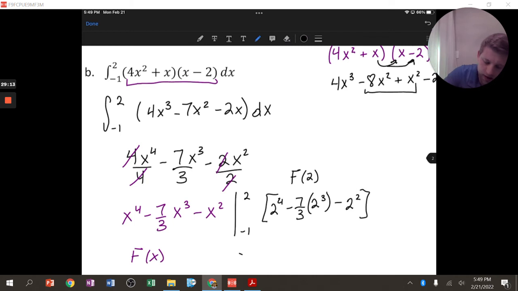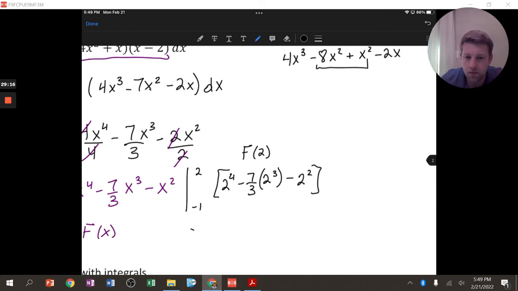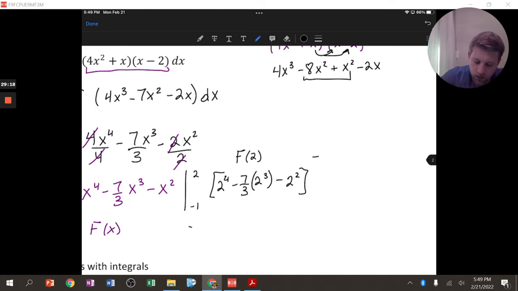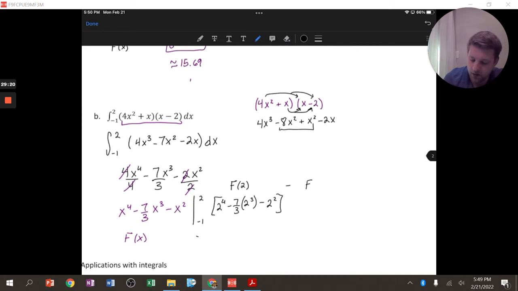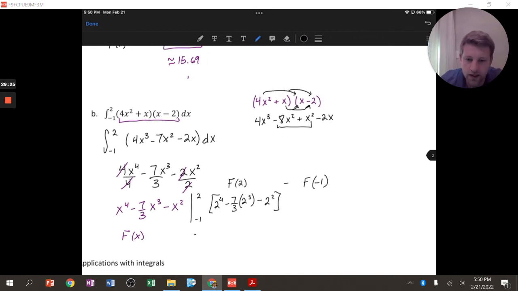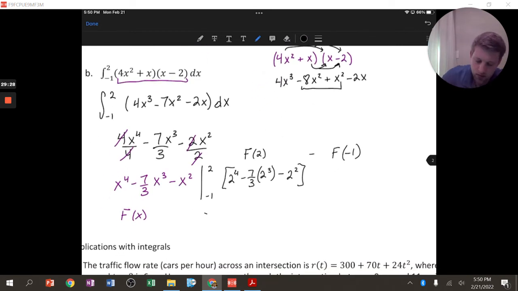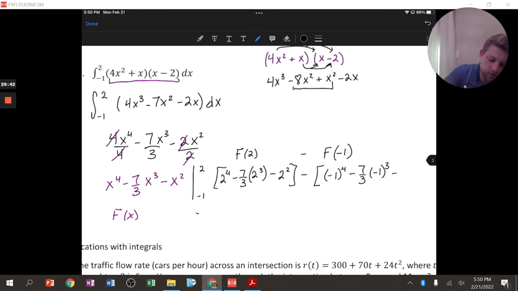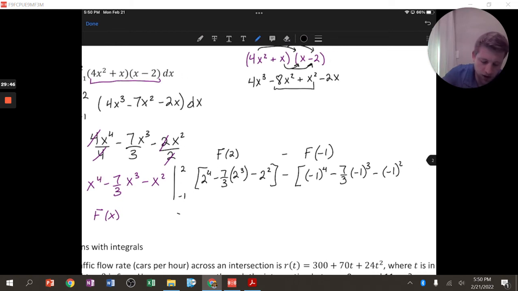I'm just going to bracket that just to group it up. We know we're going to subtract F at our lower endpoint, -1. So we'll have to be careful with negatives on this next part. So minus, we'll bracket next, -1 quantity to the fourth, minus 7 over 3, and then -1 cubed, and then finally -1 squared. And then we'll bracket that one off too.